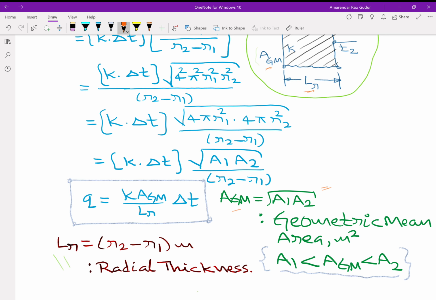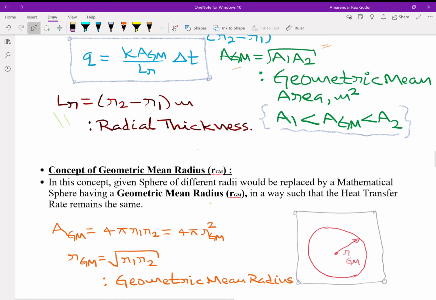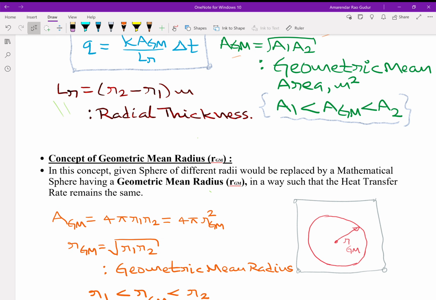These steps are quite self-explanatory, and at the same time one can have the concept of geometric mean radius RGM. Here we replace the given sphere of different radii by a mathematical sphere having a mean radius of RGM in a way such that heat transfer rate remains the same.